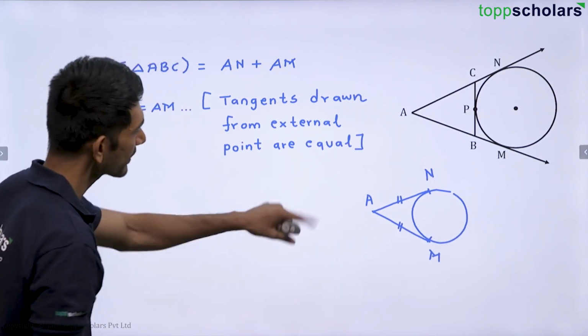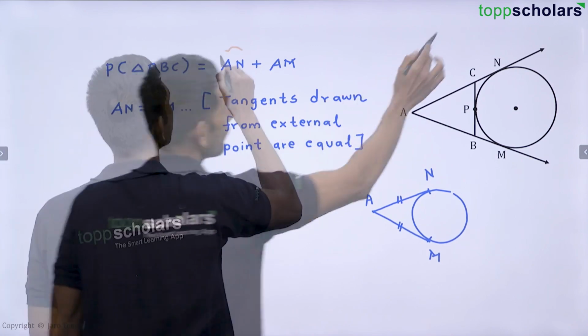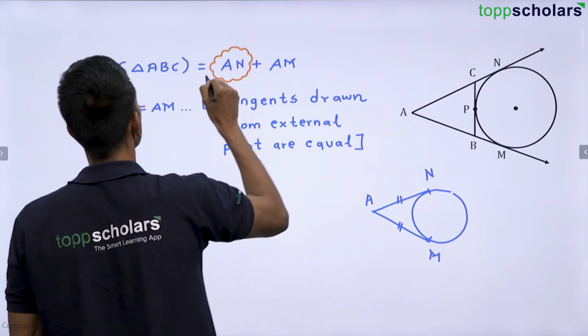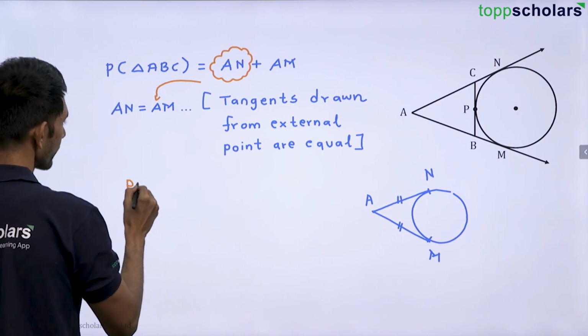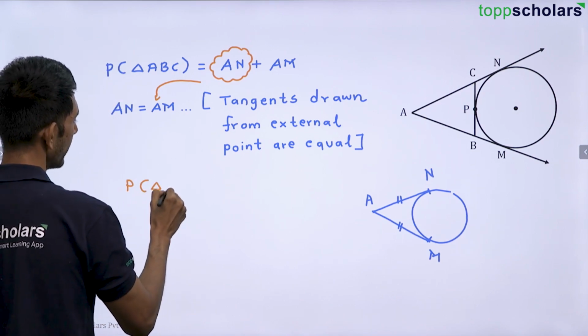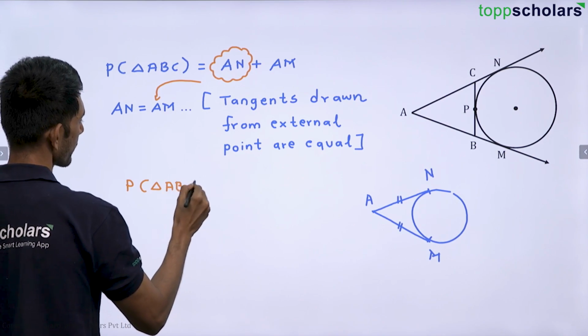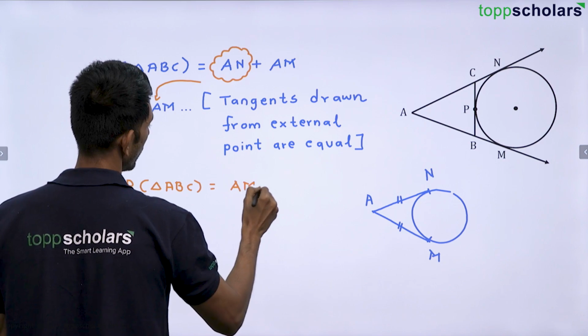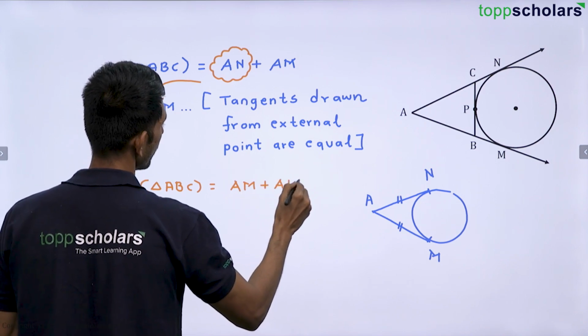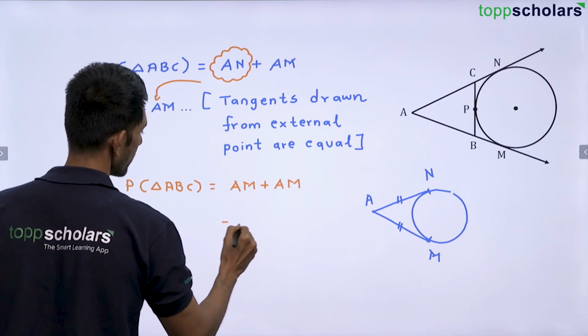Correct? Tangents drawn from an external point are equal. So instead of AN, can I put AM? Yes. So can I say the perimeter of triangle ABC is equal to AM plus AM, and AM plus AM is 2AM.